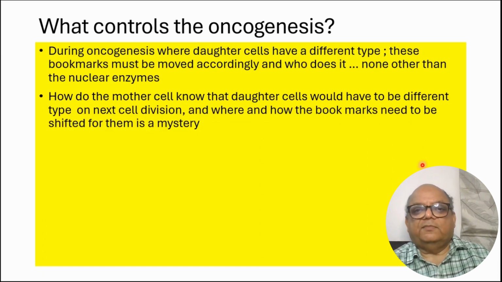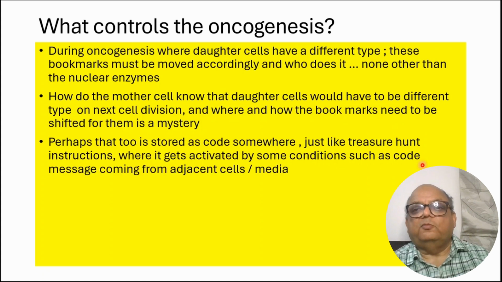Perhaps this information of oncogenesis, where the bookmarks have to be moved, is also stored elsewhere as a genetic code other than the gene. Just like a treasure hunt, the game goes on: it gives some instruction that you go to some location, then take some action, whatever you find on the chit, then go to some other location, again fish out a chit, and whatever directions are written, do as per that.